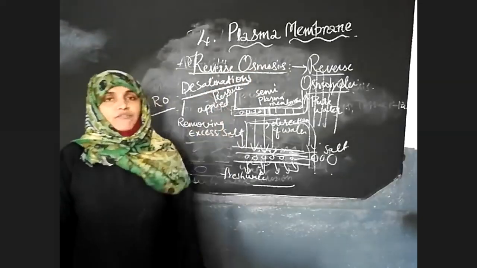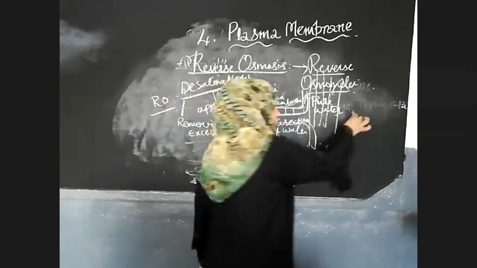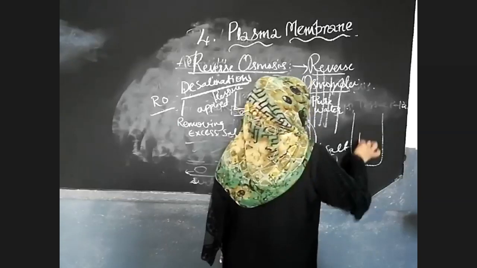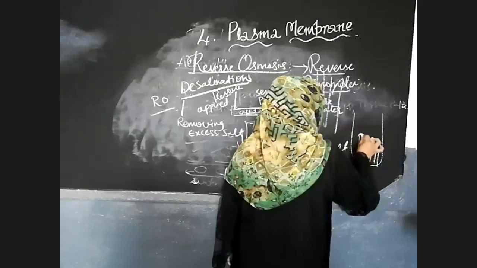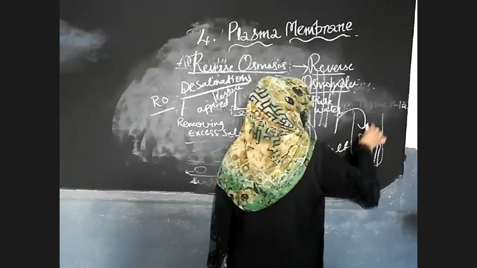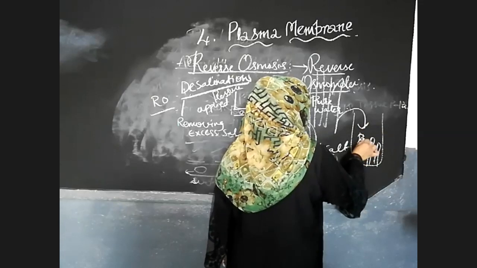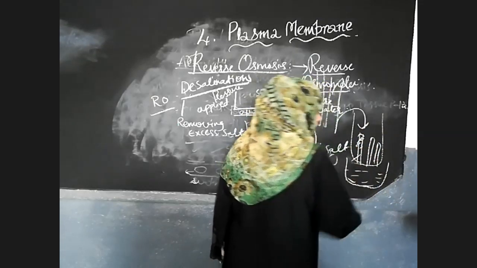But once upon a time we used to have filters made up of candles. These candles are made up of calcium and so on. The water is passed here. These candles used to absorb the excess amount of salt, and the water was collected here.